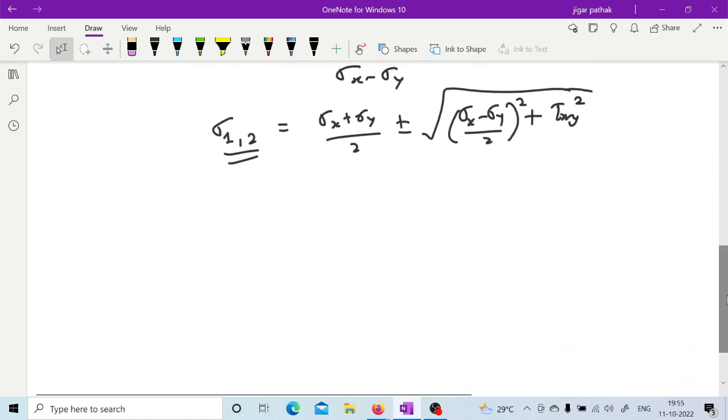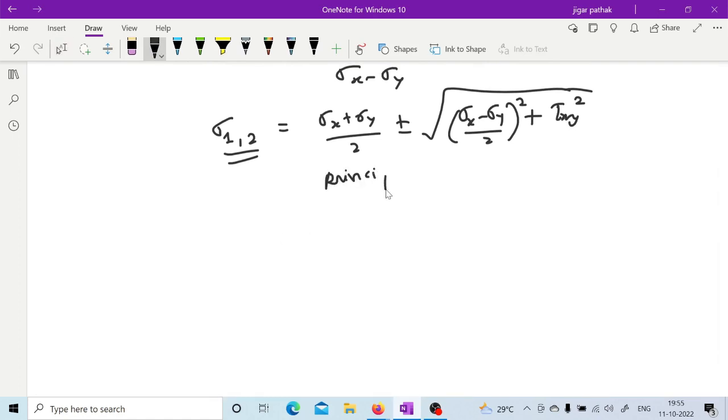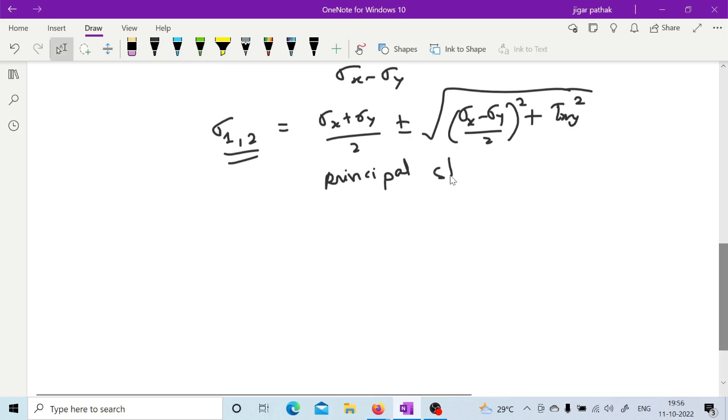Similarly, as we have discussed, these are principal stresses. As you have calculated the maximum normal stress, if you want to calculate the maximum shear stress, then you need to differentiate tau and equate it to 0.